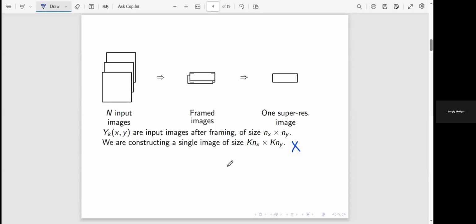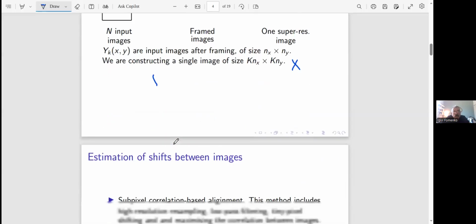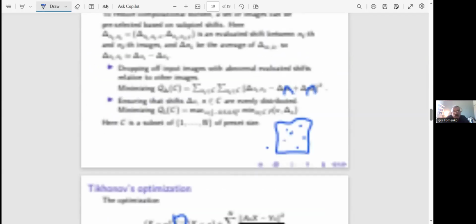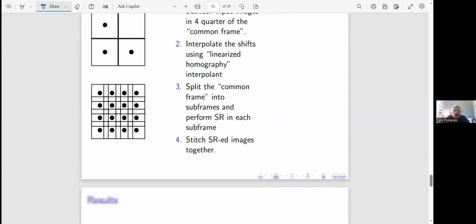And x hat is the Fourier transform of x. Let's go back to those equations. You have 16 equations, right?